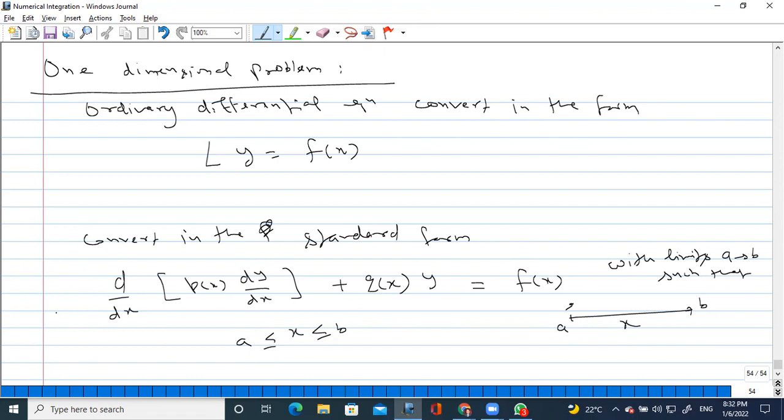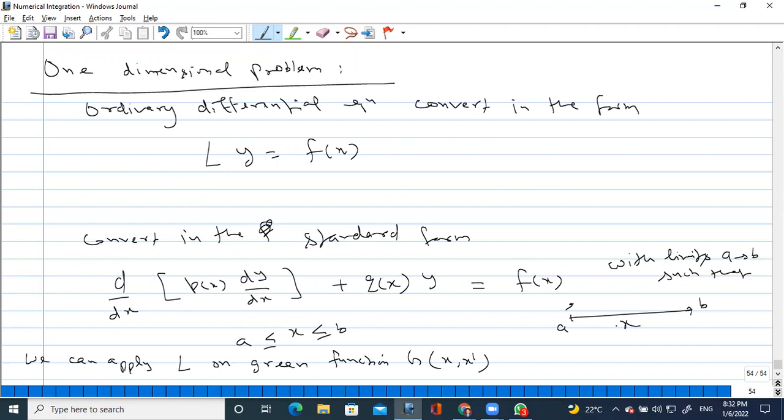So we apply here L on green function g, and g is depending upon x and x dash.